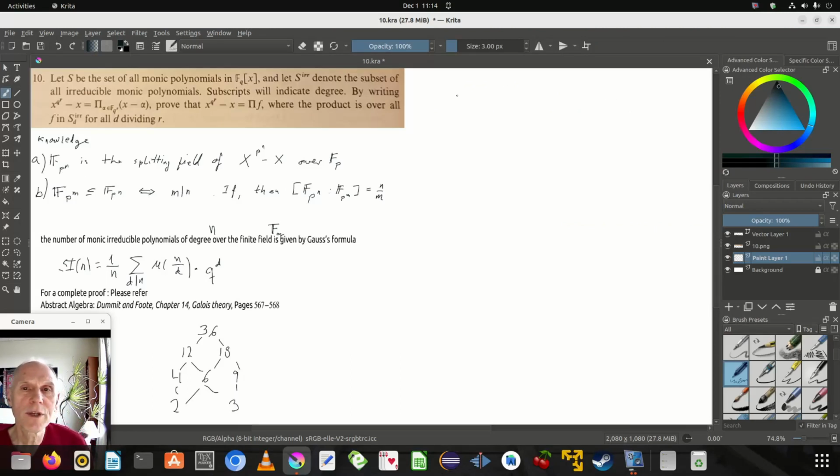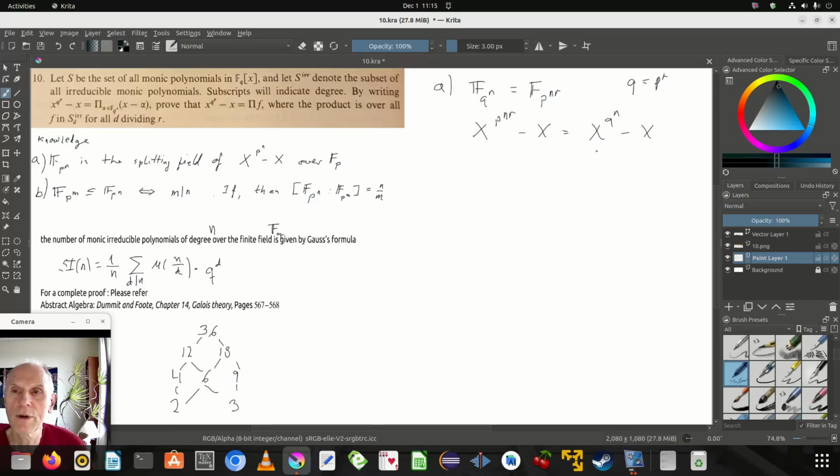First of all, the splitting field of x^(q^n) - x, and we say that q is p to the rth. So that's the splitting field. And by proposition A, it's given by x^(p^(nr)) - x. And p to the rth is q, so that's just x^(q^n) - x, as it should be.